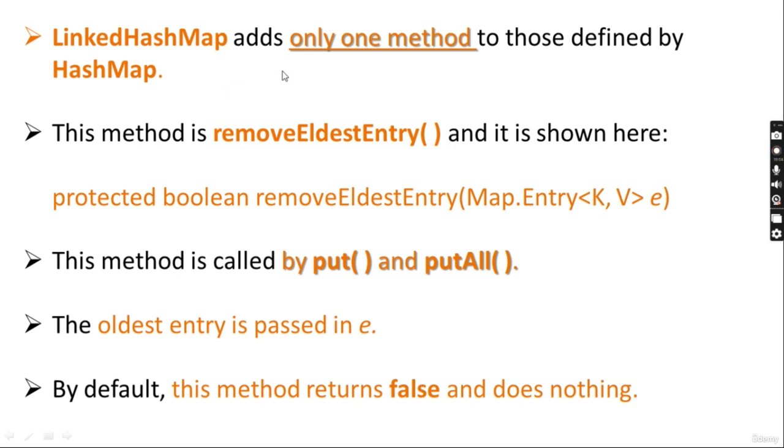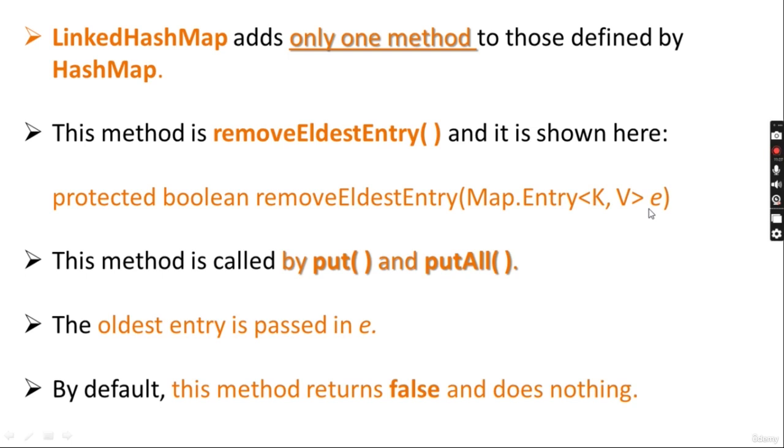LinkedHashMap adds only one method, removeEldestEntry, and it is shown here: protected boolean removeEldestEntry(Map.Entry<K, V> e). This is called by put and putAll. The oldest entry is passed in e. By default, this method returns false and does nothing. This does not remove anything, so it will give you false output by default.